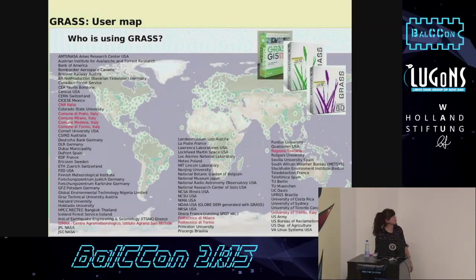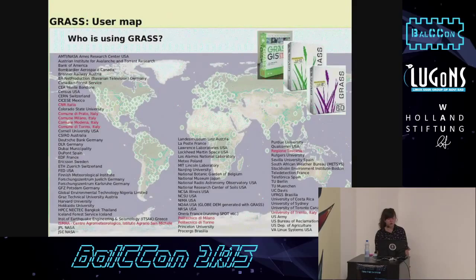On this map, you can see that GrassGIS is mostly used in Europe, then in North America, South America, and a little bit in Asia.